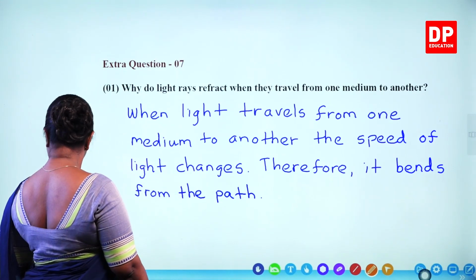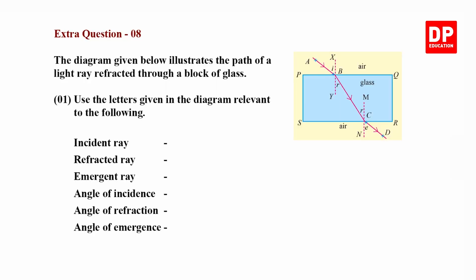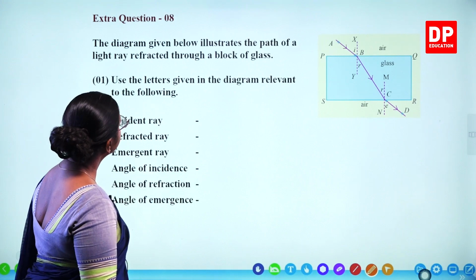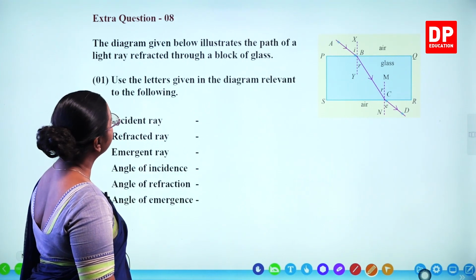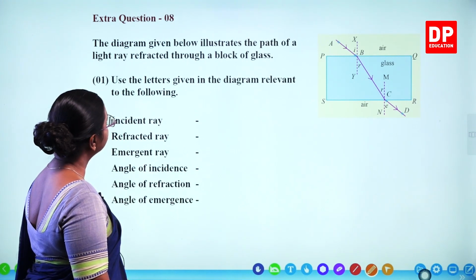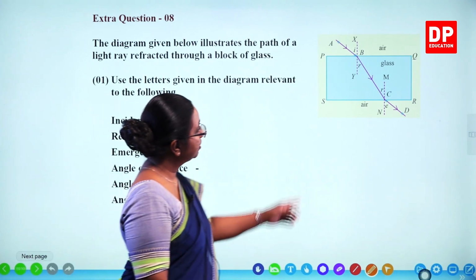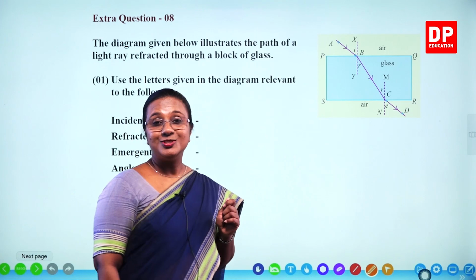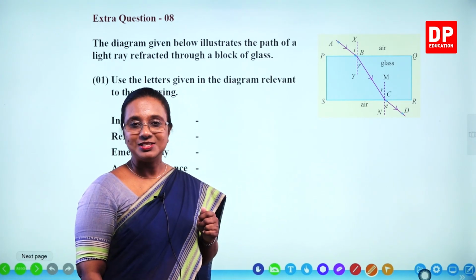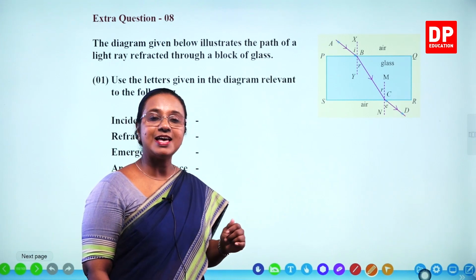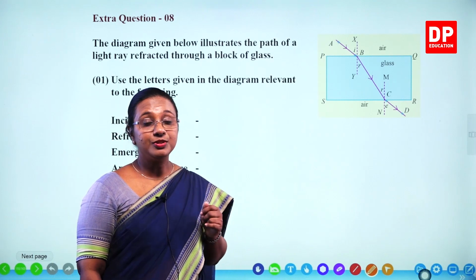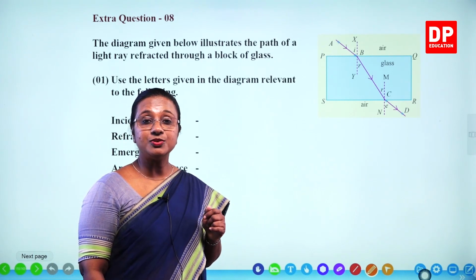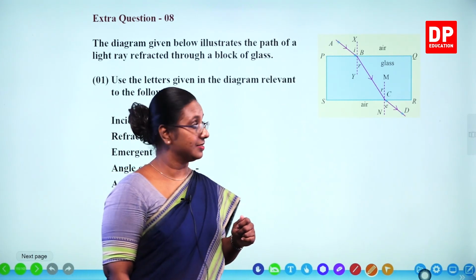So then I will move on to the next question. Extra question 8. The diagram given below illustrates the path of a light ray refracted through a block of glass. So here you can see a block of glass. I am sure immediately you are able to identify, we did this activity and you drew this ray diagram before also, so you know what this is.